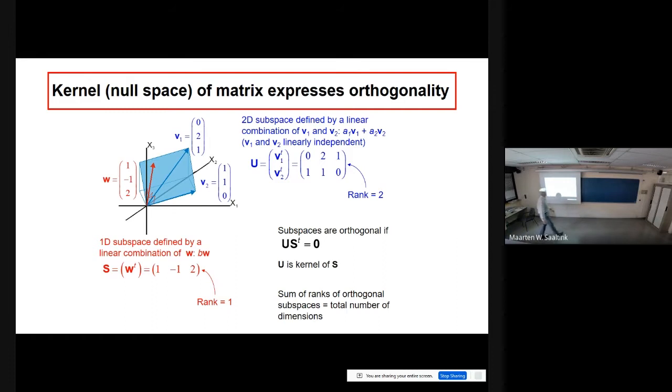Simply, if I do U, 0, 2, 1 and 1, 1, 0, times 1, minus 1, 2, I get 0 times 1 is 0, 2 times minus 1 is minus 2, plus 1 times 2 is 2, so 0. And for the second, 1 times 1 is 1, 1 times minus 1 is minus 1, so 1 minus 1 is 0. So I always get 0.